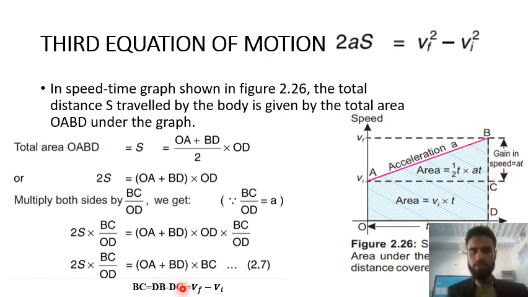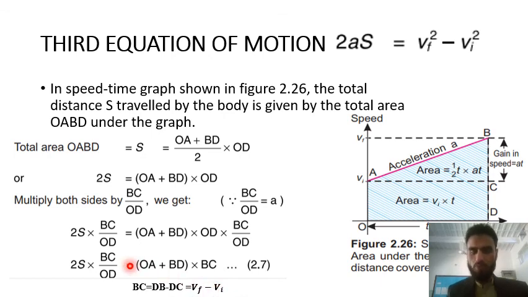So BD minus DC or CD. Now BD is equal to Vf, so we can write Vf in place of BD. Similarly, DC, this one, it is equal to Vi, so we can write Vi in place of DC. The conclusion is that this BC will be equal to Vf minus Vi.